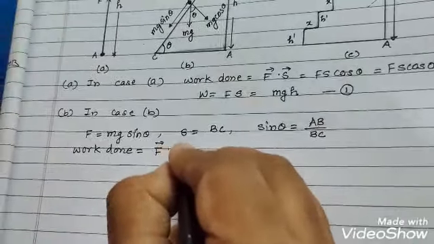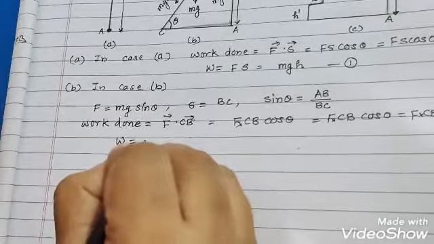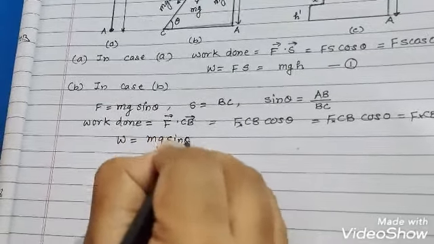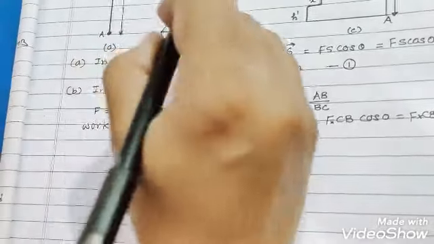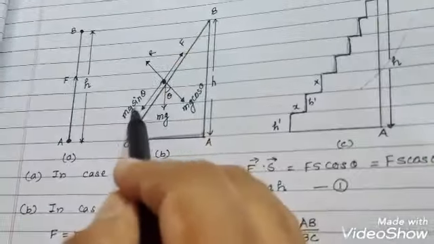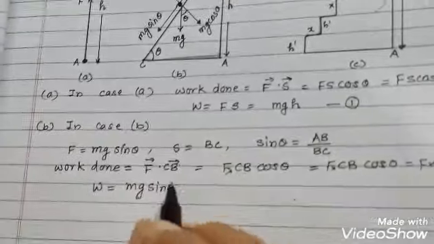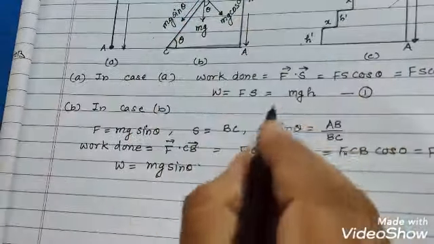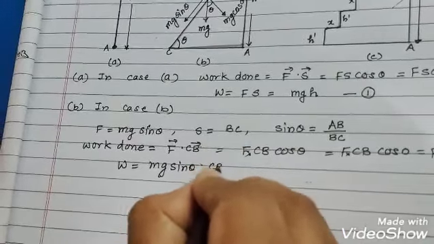Now the force which is working here, W, that is work done, and the force which is working here is mg sin theta, which we have calculated. As I told you, the force should be equal to mg sin theta, and the distance is CB.